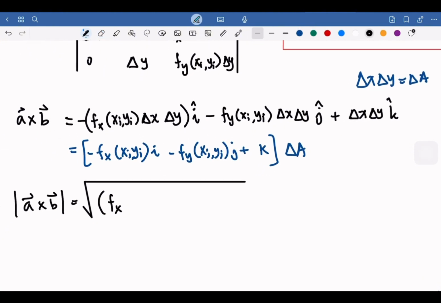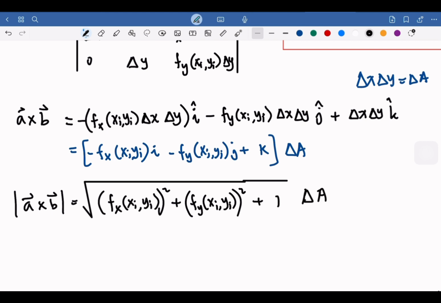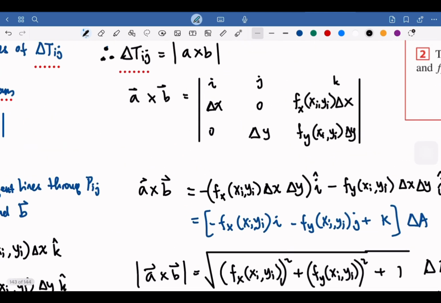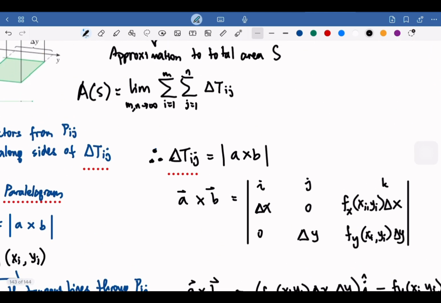So this will be the square root of partial x at xi squared, and I will remove this negative because we have squared now, plus partial y squared, plus 1, and then this times delta A. And that will be the area of the parallelogram. And then from the definitions, we have this limit.